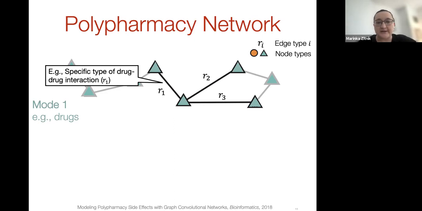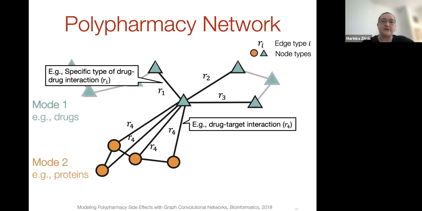So in addition to that network of known interactions between drugs, we integrate in the knowledge graph another mode of information, that on proteins, that represents how drugs affect the human body in the sense of what are the proteins that those drugs target and how those effects propagate in molecular networks.